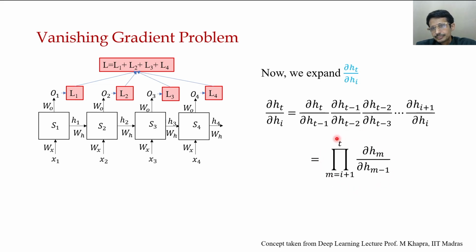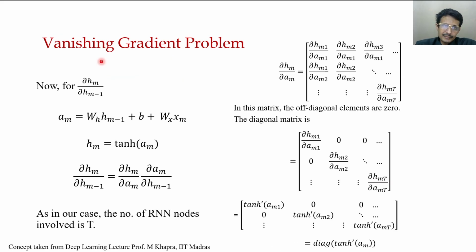This is the basic formulation. Now what is del of hm by del of hm minus 1? What is the functionality between hm and hm minus 1? We know it is Wh into hm minus 1 plus bias plus Wx times the input at this time instant.